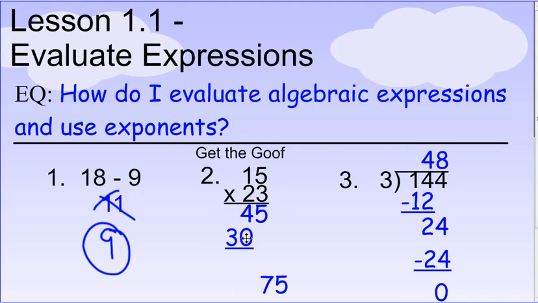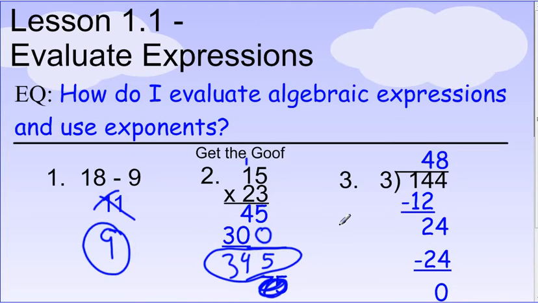So if you multiplied by this 3, and you took 3 times 5 is 15, carry the 1, 3 times 1 is 3, plus 1 is 4, done. Then when you drop down to the next line, when you're multiplying by the 2, you add a 0. 2 times 5 is 10, carry the 1. 2 times 1 is 2, plus 1 is 3. Now you add it all up, and you get a 5, a 4, and a 3. 345 is the solution there.